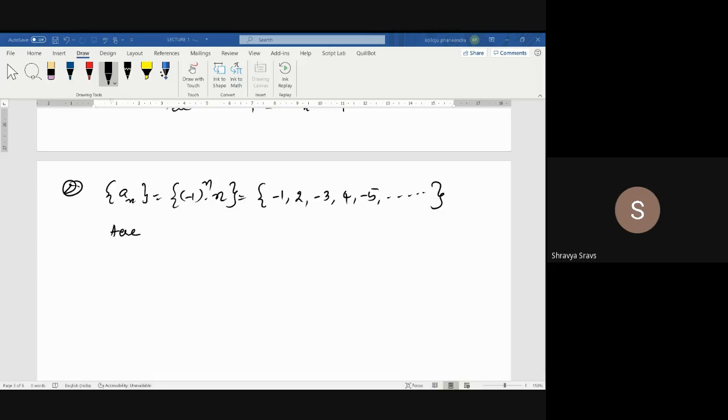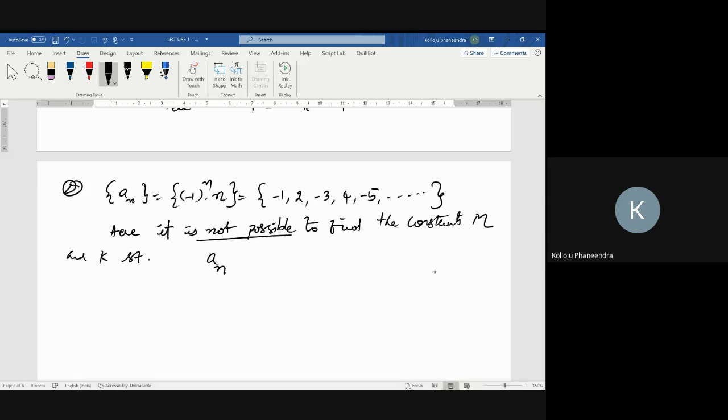Now here, it is not possible to find the constants capital M and K, such that a_n is less than or equal to M or a_n is greater than or equal to K. Therefore, this (-1)^n times n is not a bounded sequence.